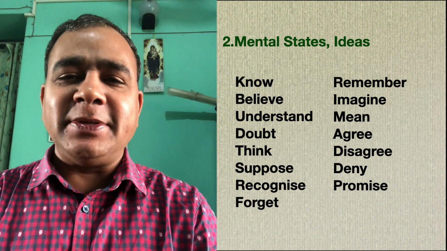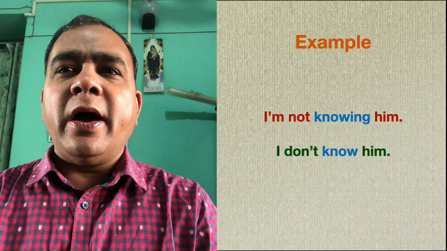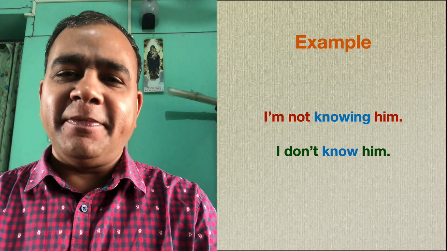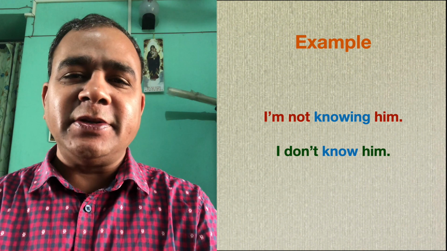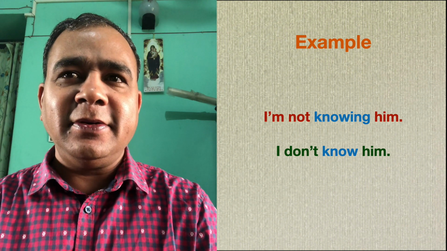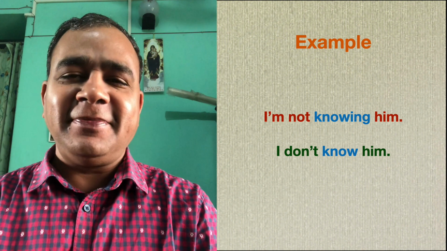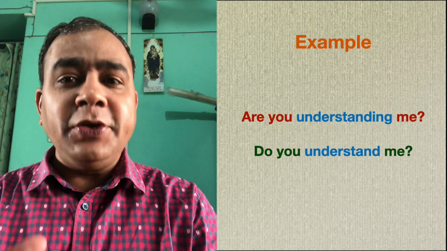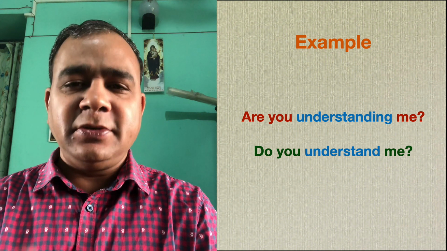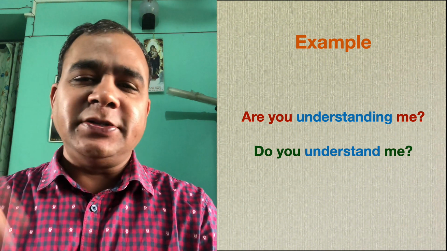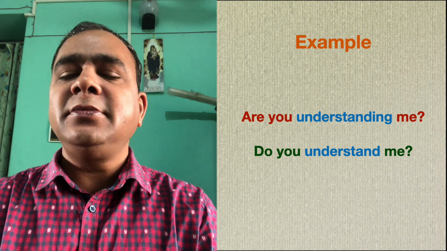Let us see some examples. I am not knowing him. Present continuous. Incorrect. Tappu. I don't know him. Okay. Are you understanding? Sometimes, some teachers used to ask after teaching some lessons, are you understanding?